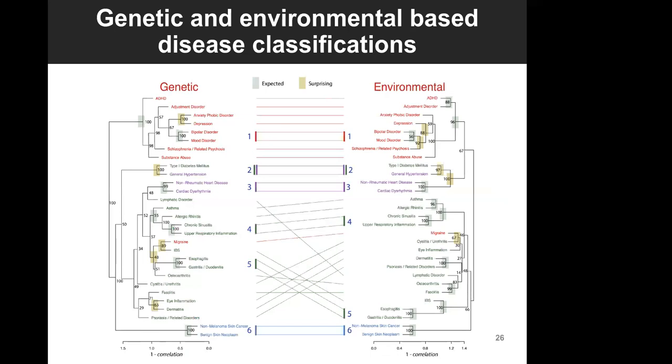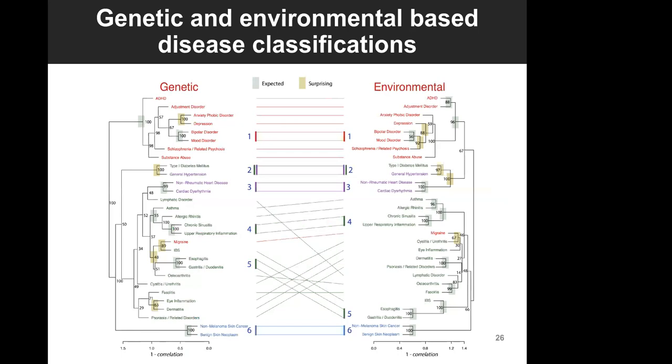Maybe I should mention a little bit about the numbers on the cluster. Each number represents the percentage of times that we regenerated the classification and this cluster showed up over and over. For migraine and IBS, we tried 10,000 iterations, and about 89% of the time migraine and IBS cluster together in the genetic classification.